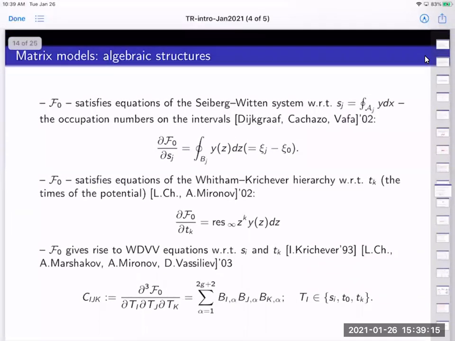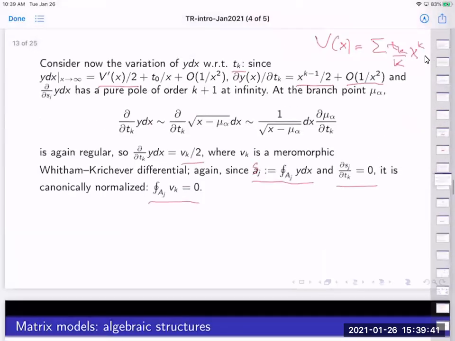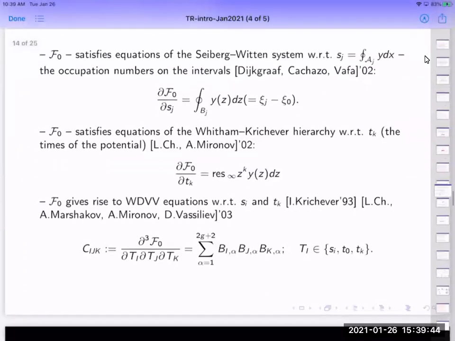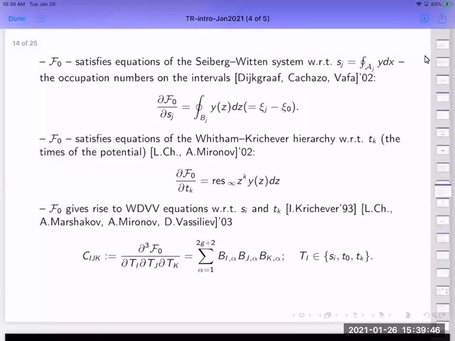Now, I have to skip something, but we can get all these results out of the representation of the free energy in terms of the equilibrium distribution of eigenvalues given by the spectral curve itself. It's just a small exercise to derive from the variation formulas on the previous slide the variation formulas for the free energy itself.